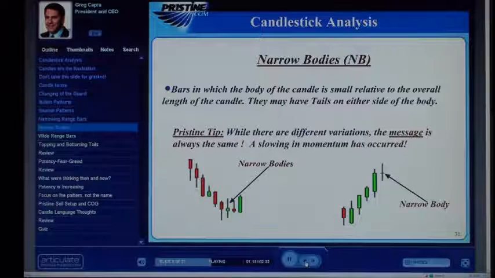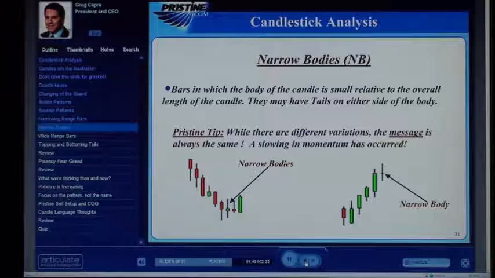For example, with the image on the left, we see that after the narrow bodies, a large green candle formed that closed near its high. The fact that it closed near its high tells us that buying continued right into the end of that time period and is likely to continue. So we do have a signal that prices are likely to begin to move higher at that time.